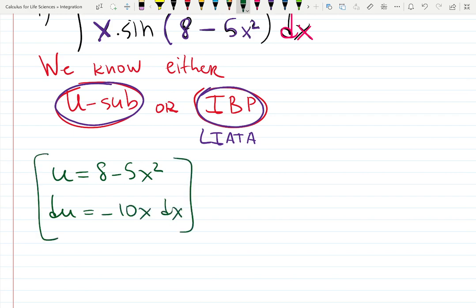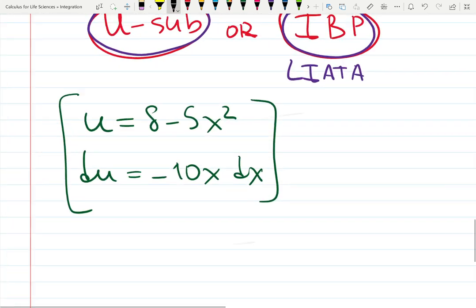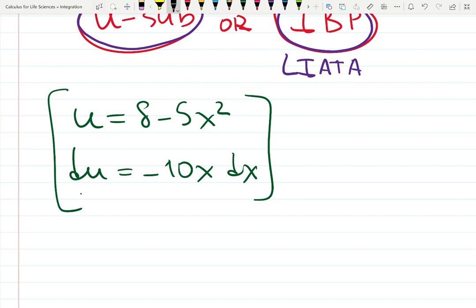You need to have minus 10x dx, but you have just x dx. And that's how you know you're very close to being correct. Solving for dx, dx will be du over minus 10x.